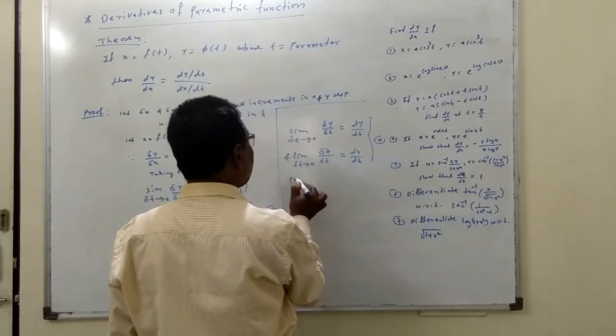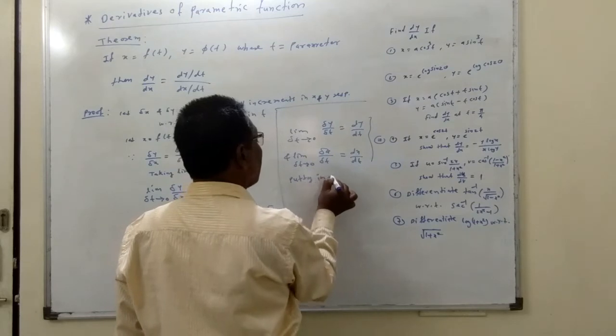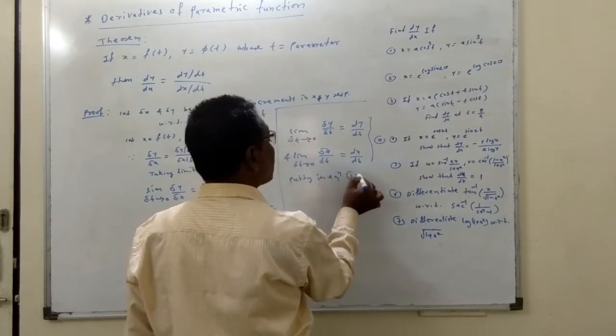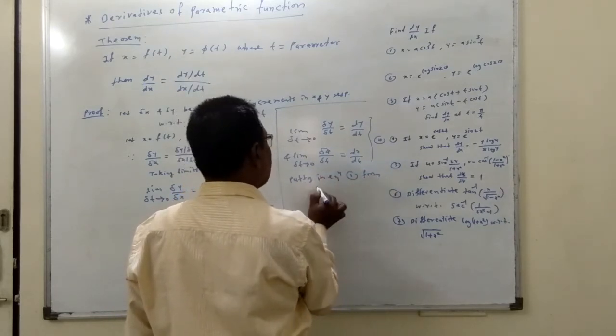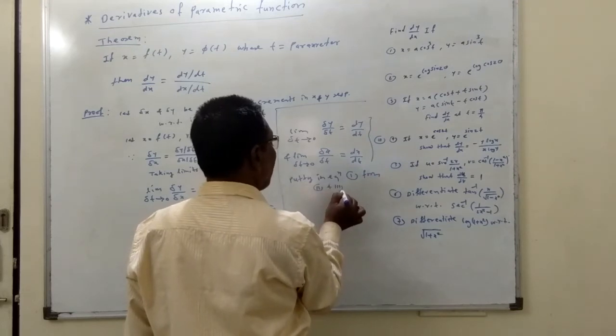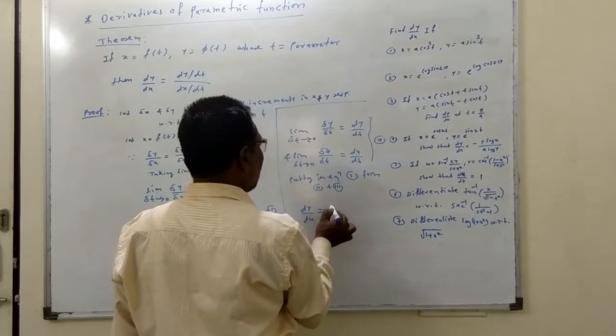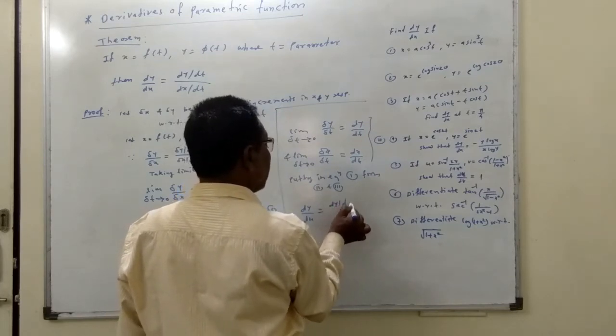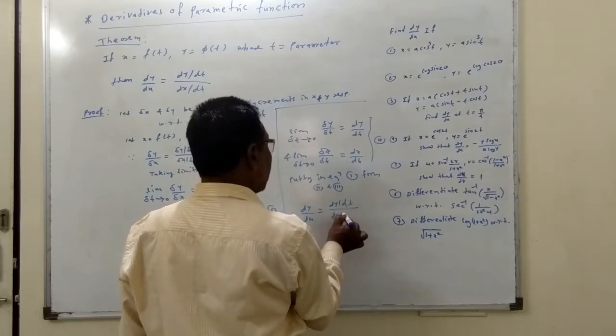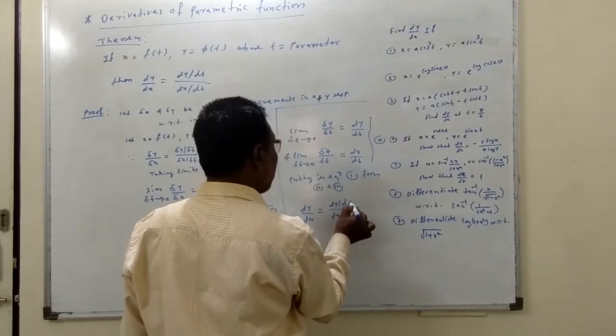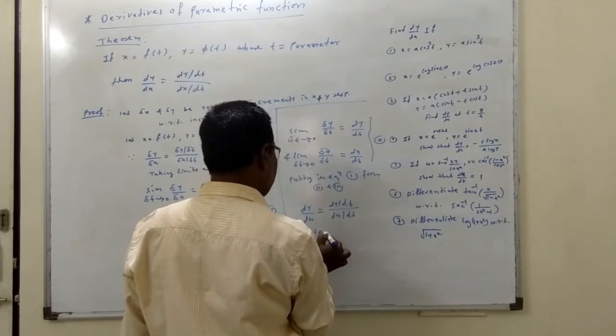So putting these values in the first equation from the second and third equations, we get dy by dx equal to dy by dt divided by dx by dt. That is the proof of this theorem, hence proved.